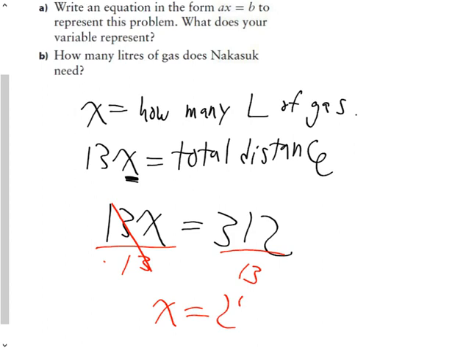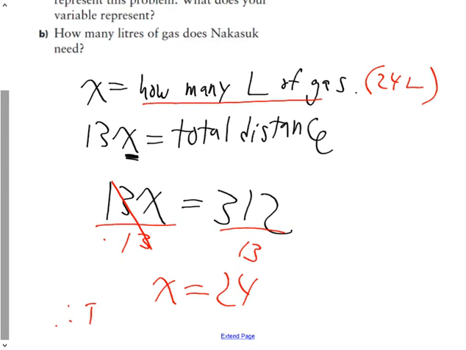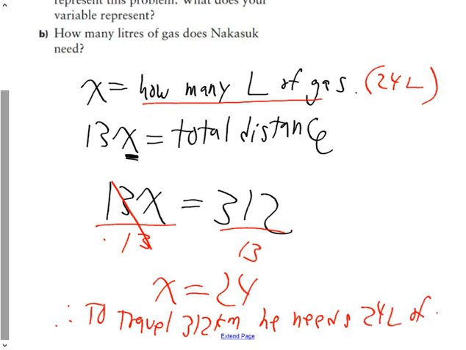Therefore, I need 24 liters of gas, right? So therefore, to travel 312 kilometers, he needs 24 liters of gas.